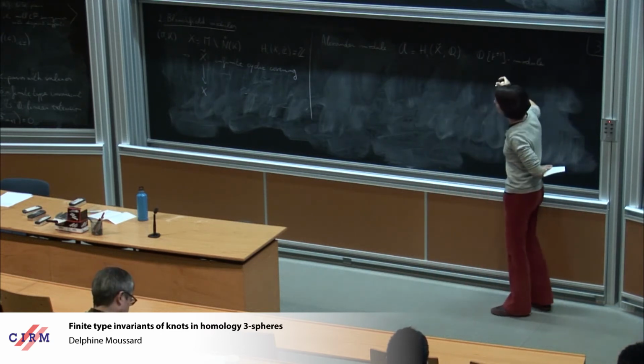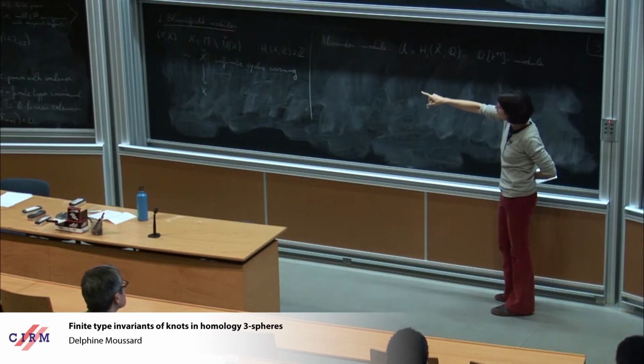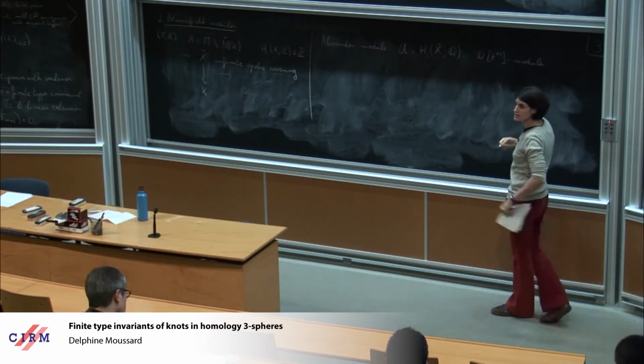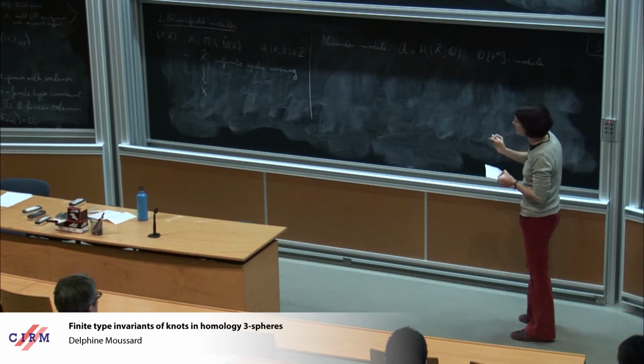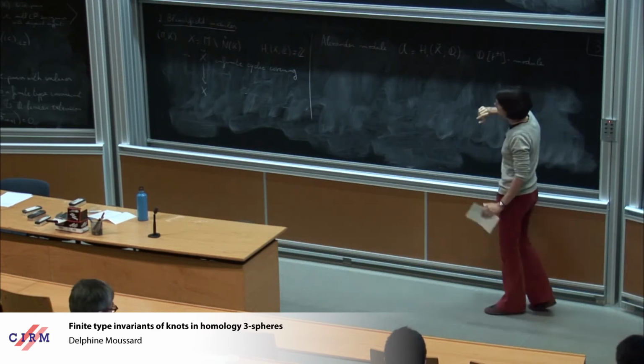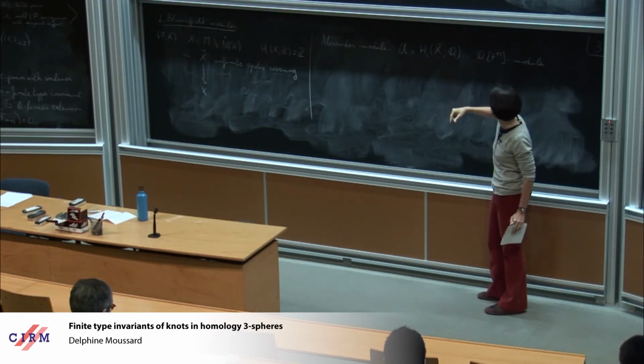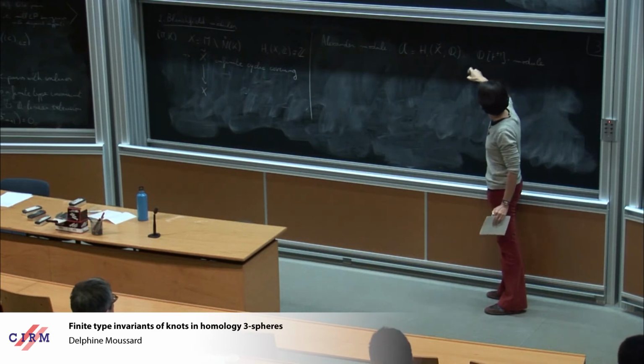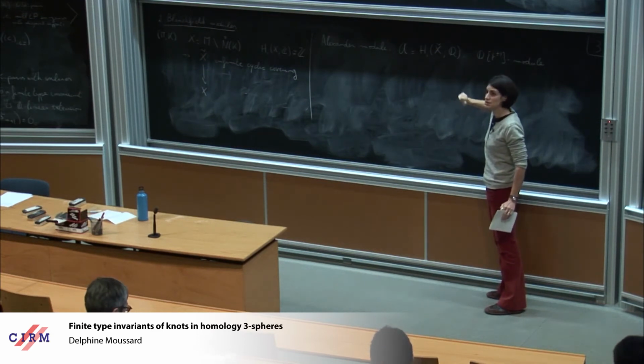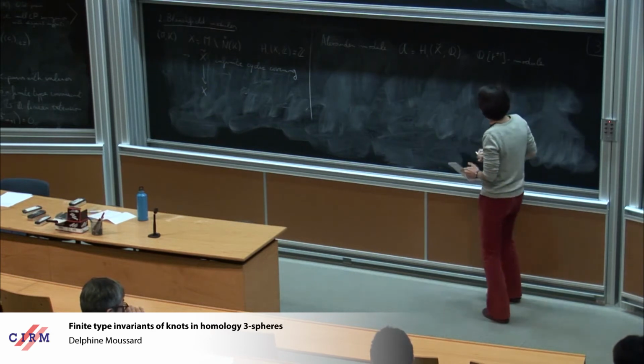Here the group of transformations of the covering is generated by the action of a meridian of the knot, and it induces an action on the homology. So the multiplication by t on this module is given by this action of a meridian of the knot.